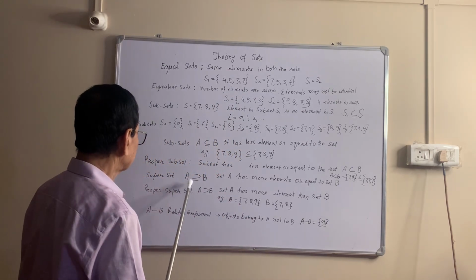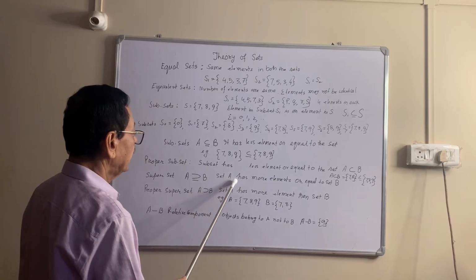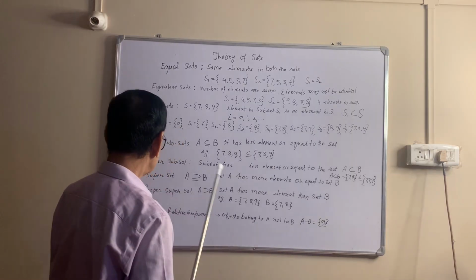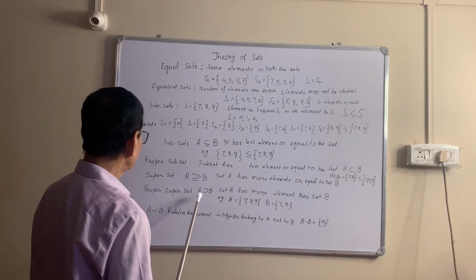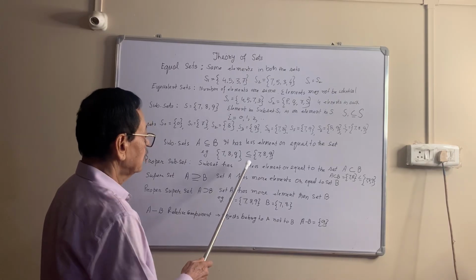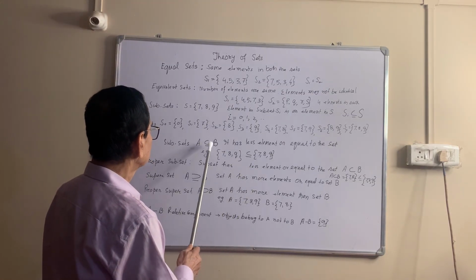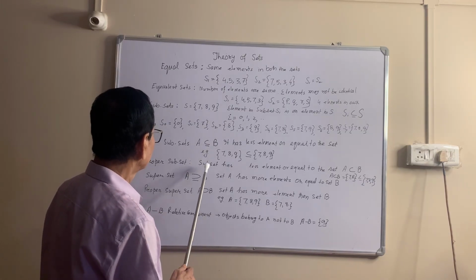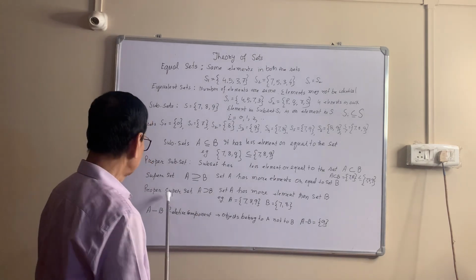Then superset. The symbol is like this. Set A has more elements than or equal to set B. Then proper superset. You should remember the sign. It is like this in subset, and it is reversed in superset.